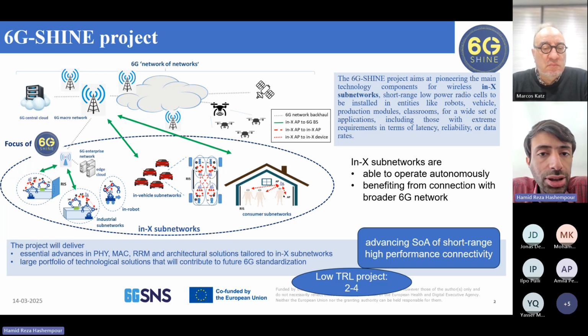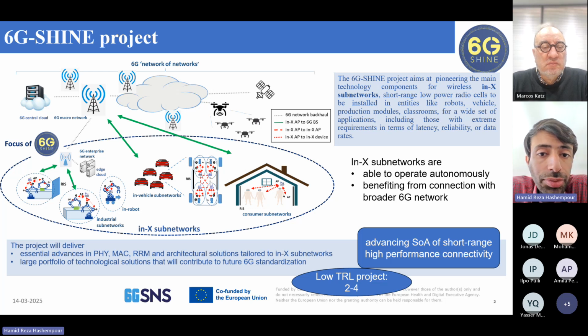First of all, let me introduce our project. This task is a part of the 6G SHINE project. This project aims to pioneer the main technology components for wireless in-X subnetworks for short-range and low-power radio cells to be installed in entities like robots, vehicles, production modules, or classrooms.